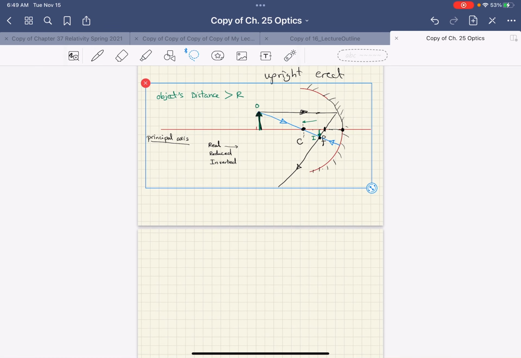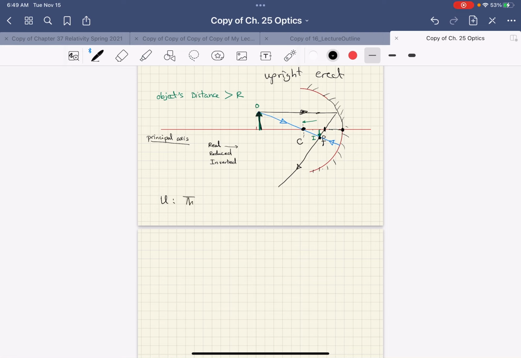Here u is the object's distance, and it is the distance between the object and the mirror.